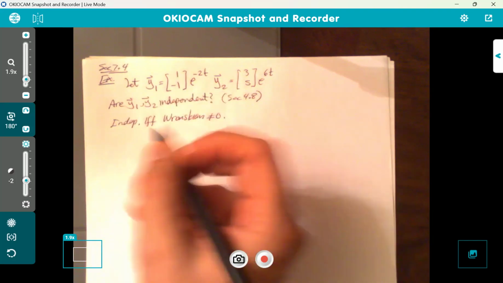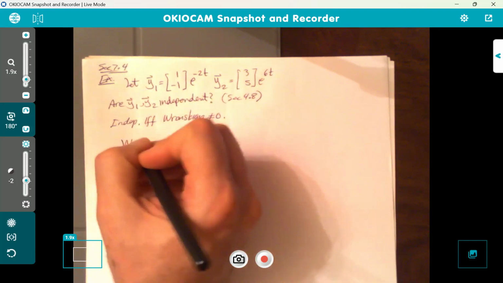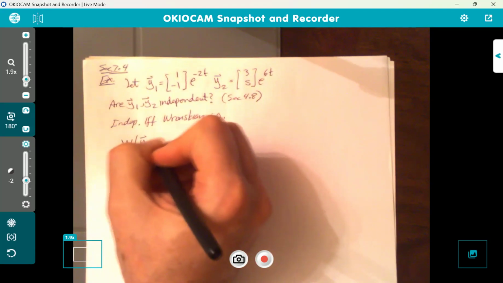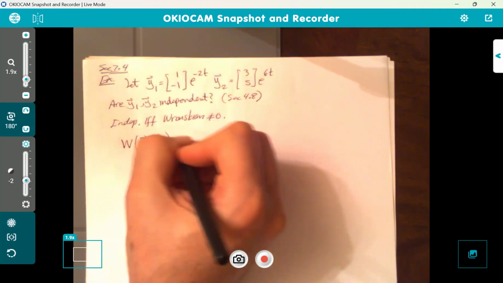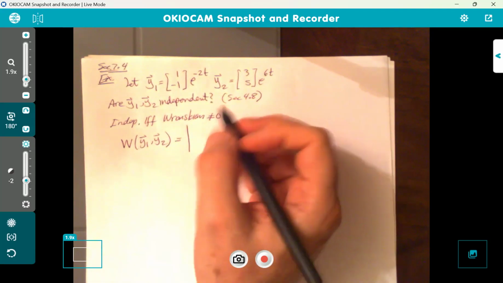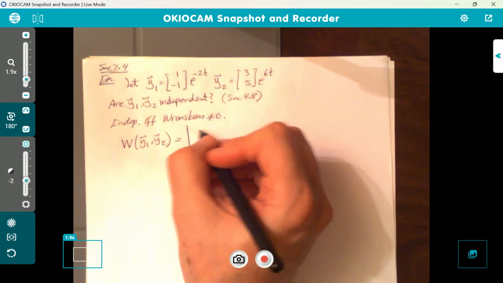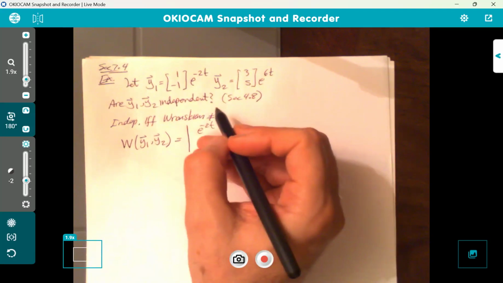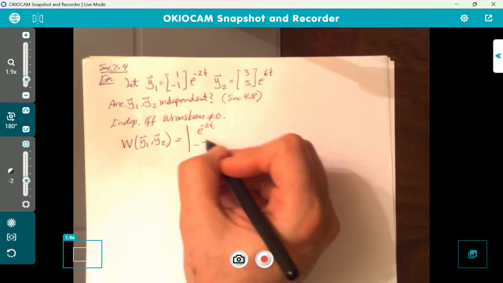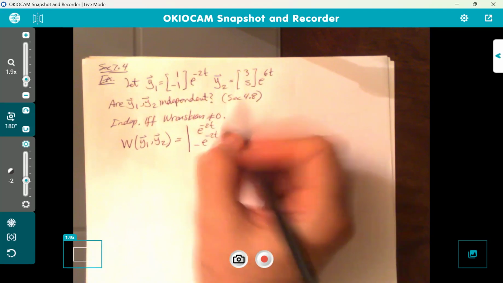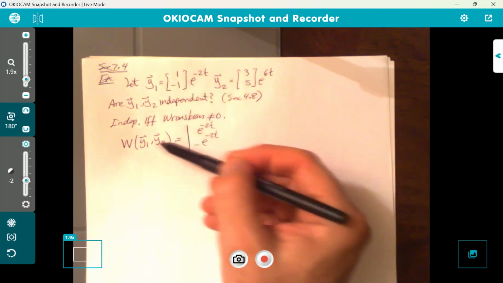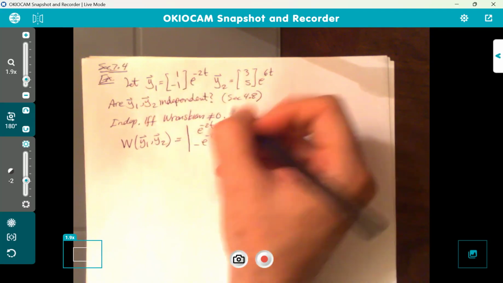So for this example, the Wronskian for y1, y2 is the determinant of e to negative 2t, negative e to negative 2t. That's y1. y2 would be the second column.